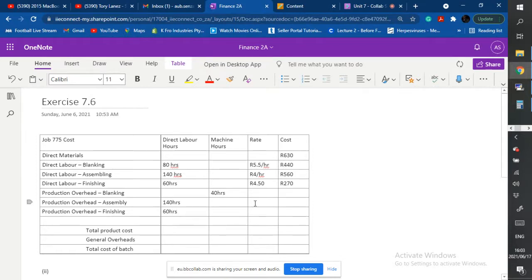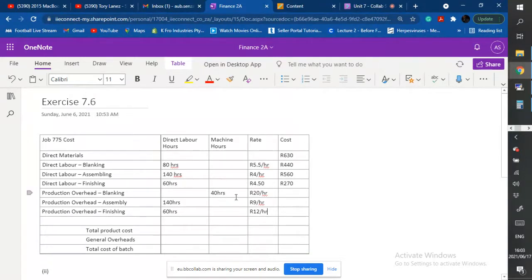Okay, cool. And the rate, the absorption rate, over here is 20 per hour. And here the rate is 9 Rand per hour. And here the rate is 12 per hour. Okay, awesome.